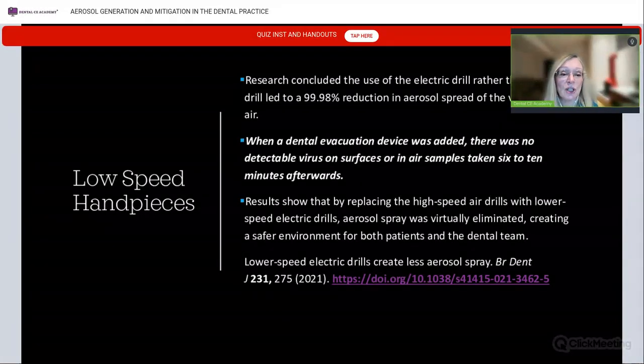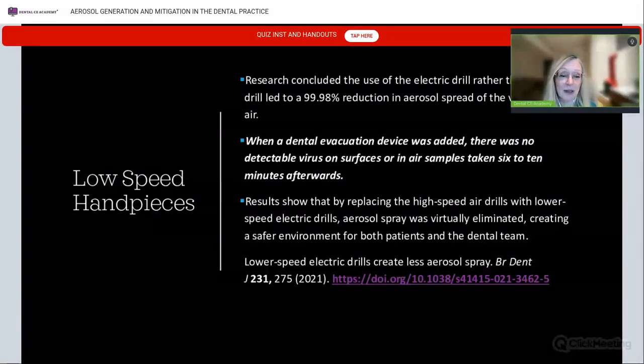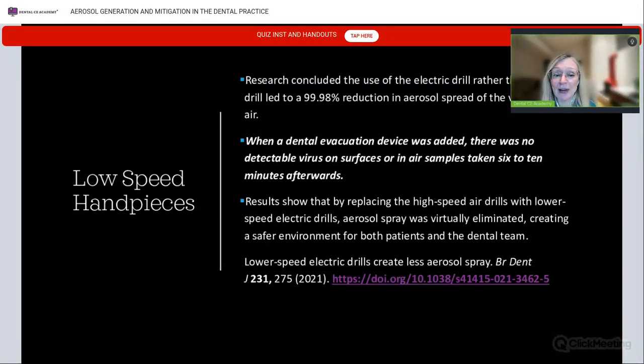So research concluded the use of the electric drill rather than an air-driven handpiece led to a 99.98% reduction in aerosol spread of the virus, SARS-CoV-2, into the air. And when they added a dental evacuation device, there was no detectable virus on surfaces or in air samples taken 6 to 10 minutes afterwards.